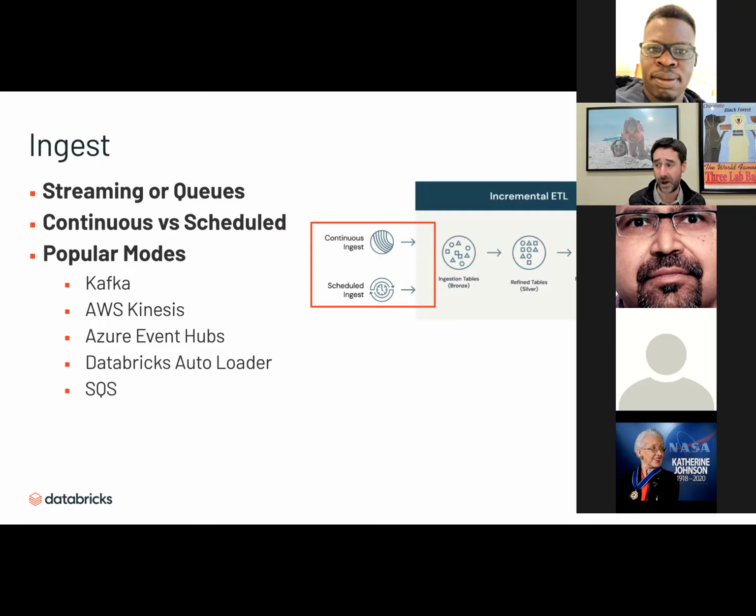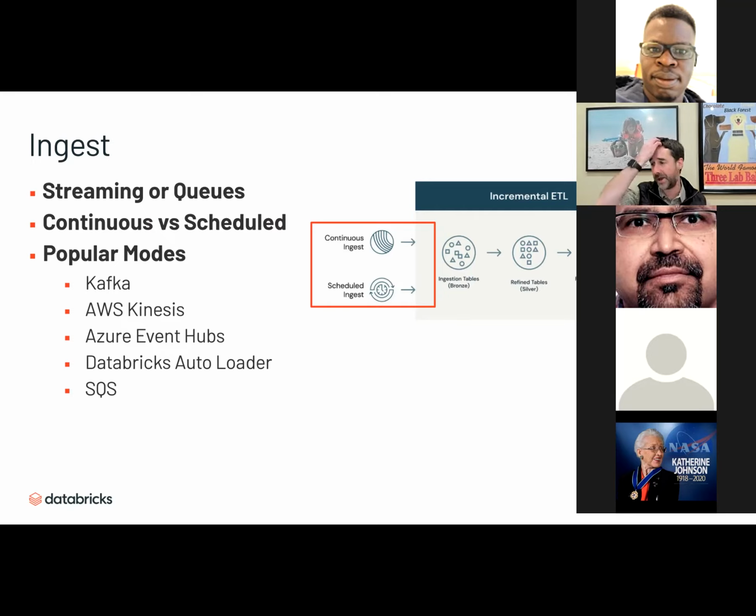We have something called Autoloader that is a file-based streaming ingest, or SQS, another AWS technology that allows you to queue up folders on S3. This ingest can either be continuous, that would be a 24/7 type of stream, or scheduled.